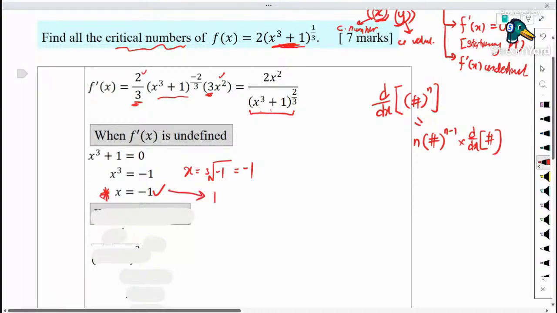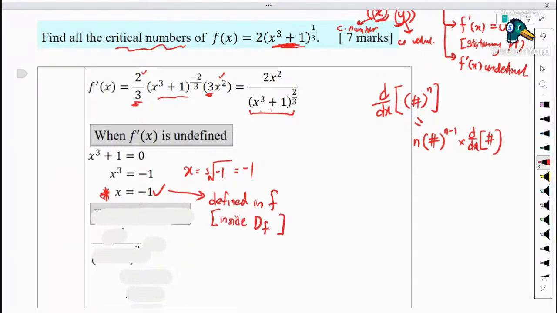However, it is defined in the function f. In other words, this value is inside the domain of f. Then only is it a valid critical number. If this value is not even inside the domain of f, then it's nonsense. In this function, you find that it is defined for all real numbers.